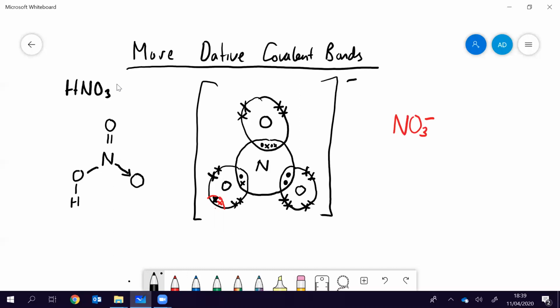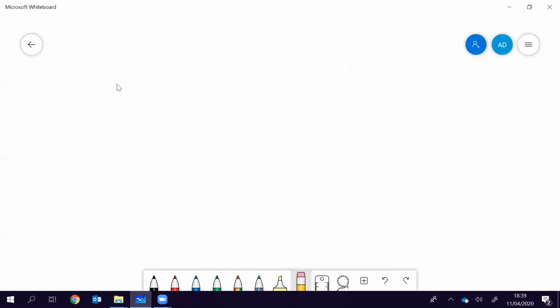Let's look at another nitrogen containing compound which has got a dative bond in it, and that is N2O, nitrous oxide. Okay, that has got a dative bond in it.